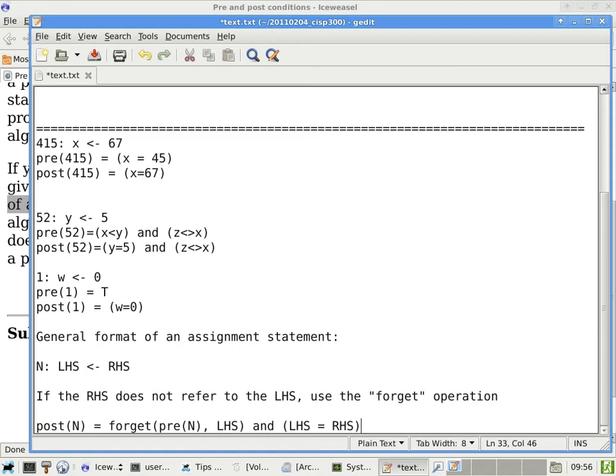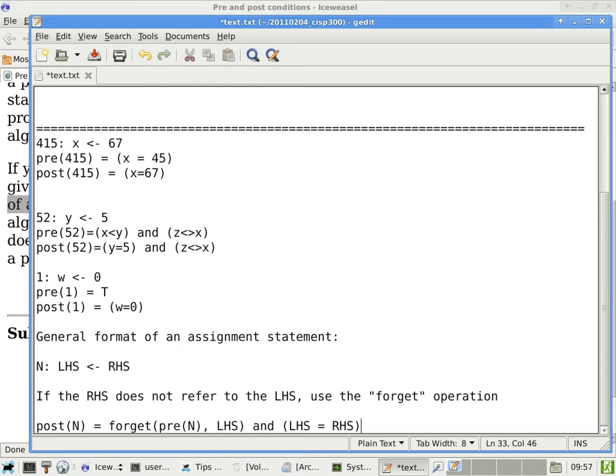I cannot claim everything in the precondition is still true because after all, I changed the value of the left-hand side. So if in the precondition it mentions anything about the left-hand side, I have to take that out because I cannot guarantee that anymore. Is that okay? The rationale of taking out anything that contains the left-hand side in the precondition.